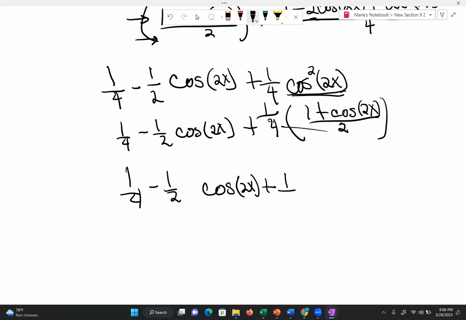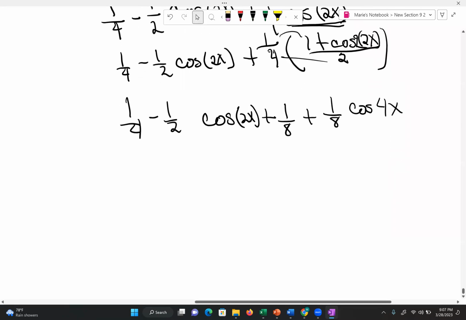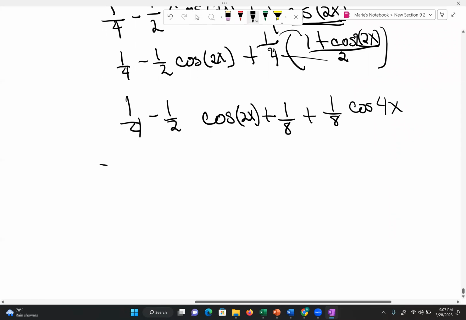So plus 1/8, if I distribute 1/8, plus 1/8 again, cosine. In this case, this will become 4x. I also forgot to put the 2 here. So this is a 2 here. If you use the identity, you would not have missed that. One more time, I'll put it in red. This should have been placed here. And that's how we get this 4x here.